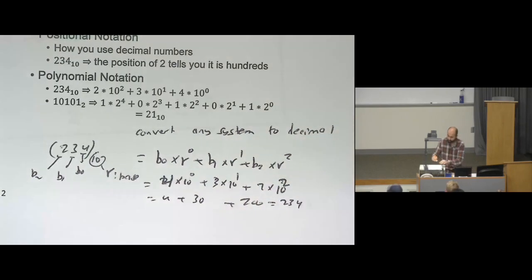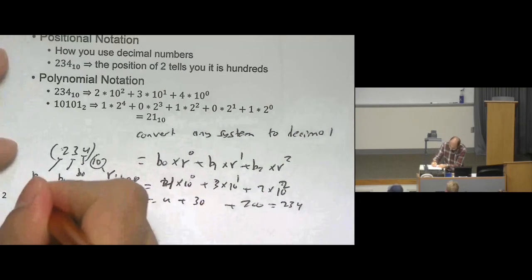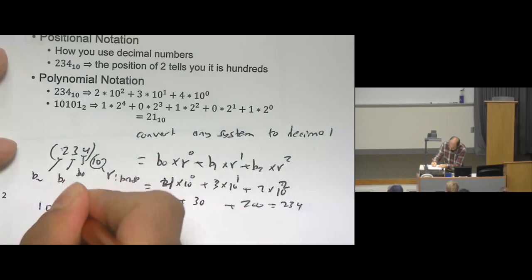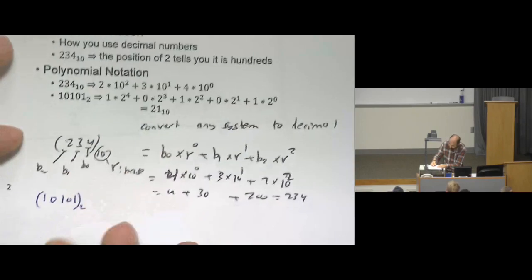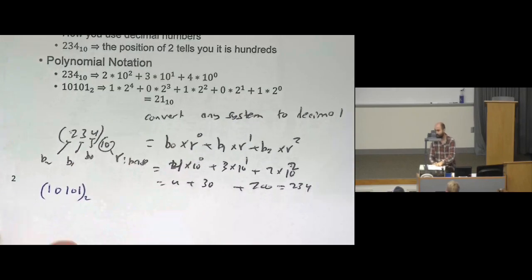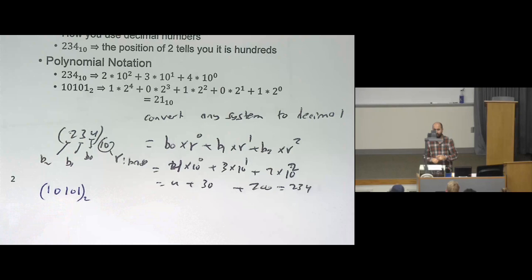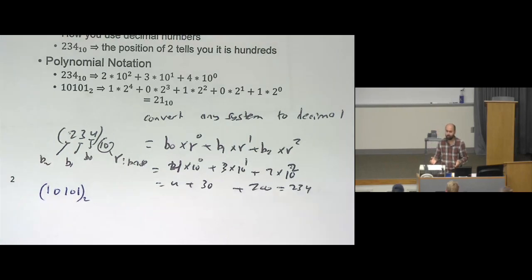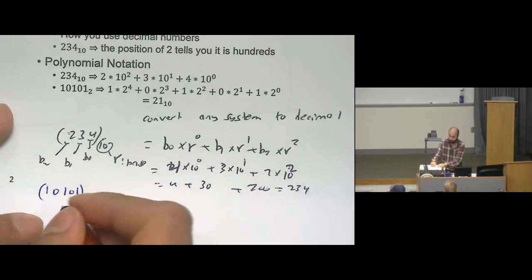Now, how about binary? I want to convert 10101 base 2 to decimal. So 10101, I don't know the quantity or the meaning. What does this mean? How can I convert this to a number that we know, decimal?